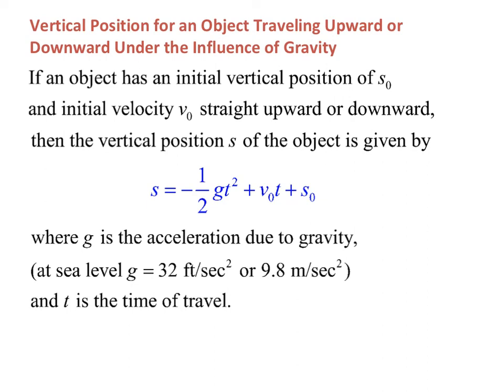At sea level, gravity is 32 feet per second squared, or 9.8 meters per second squared, and t is the time traveled. So depending upon how our velocity is measured, we will use one or the other.